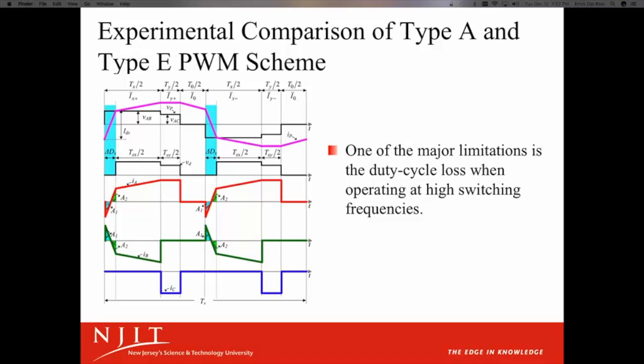The turns ratio N and modulation index MA are related to the loss of the duty cycle, which in turn depends on the choice of the switching frequency, leakage inductance, and zero voltage switching (ZVS).